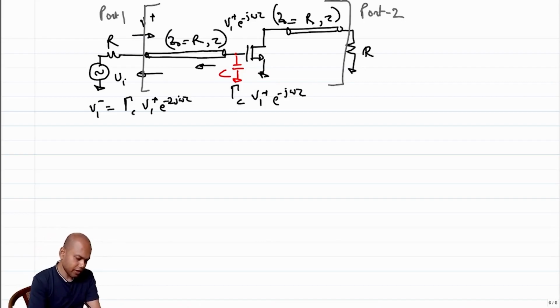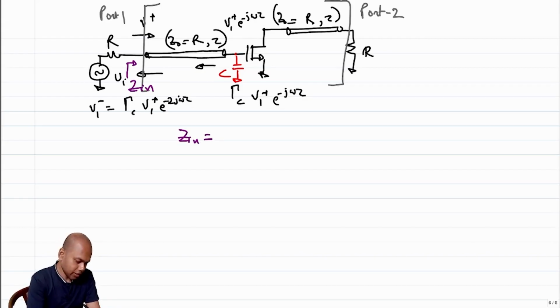So if I characterize this for S11, to find out the input impedance, what am I going to see? Input impedance will be nothing but Z in, that is the looking-in impedance here.